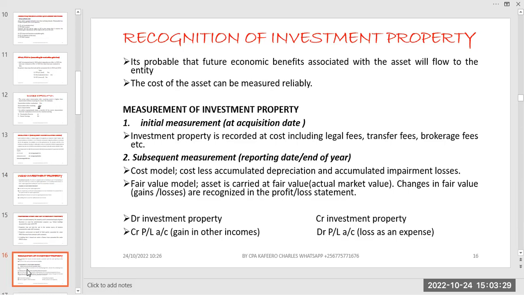Subsequent measurement is at the reporting date. Yes, you acquired that investment property at 10 million, but has it reduced in value? Or are you going to still maintain the same cost? Are you going to use the cost model, or the fair value model, or the revaluation model?